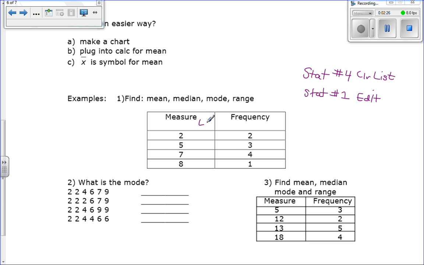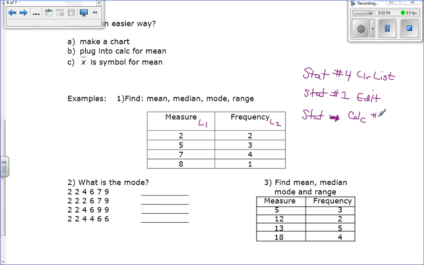The first column is always L1, the frequency is always L2. Once you get all your data into the calculator, you're going to go back to stats. So it's stat, and then you're going to arrow over and hit the calc button because you're going to do some calculations.